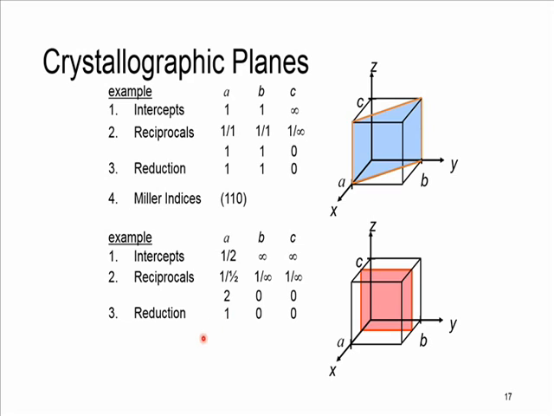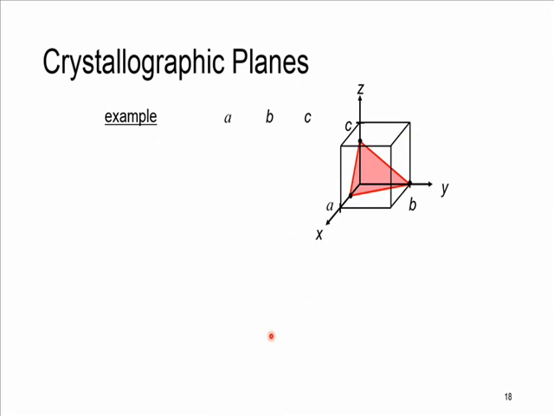The next step is reduction. Of course, if we divide these by 2, these 2 remain integers, and this one will be reduced to a smaller integer, which is 1. Now we can enclose them in parentheses and call it the Miller indices for the current red plane.